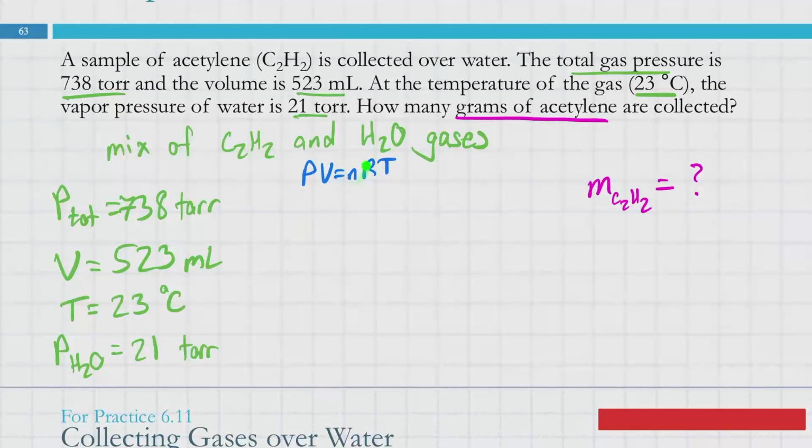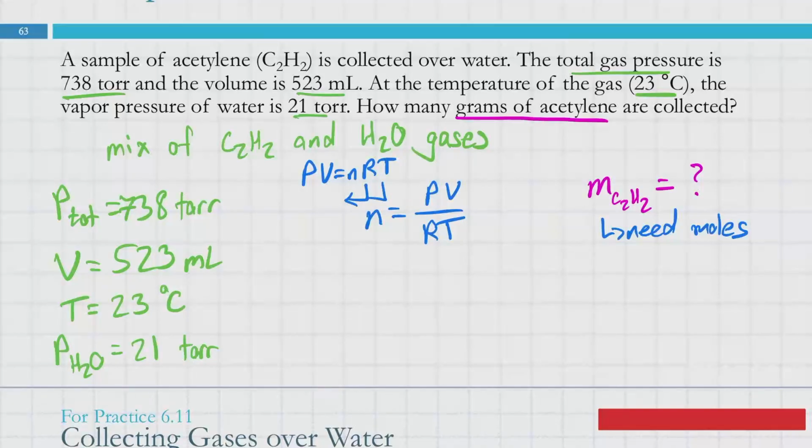So we need to find the number of moles to get to the mass. To get to moles, we can use PV equals nRT. We rearrange it: n equals PV over RT.